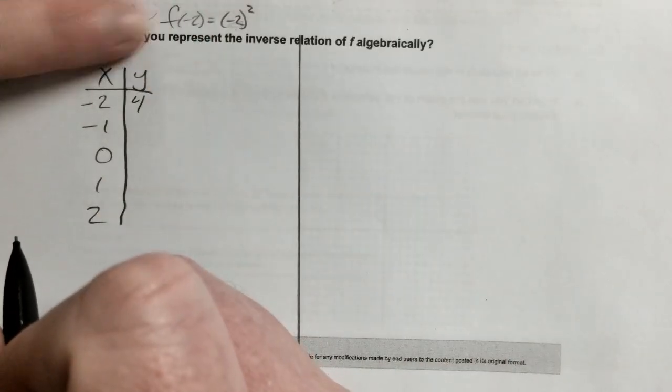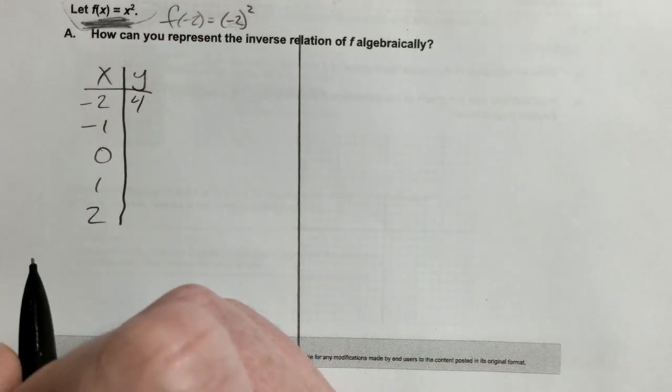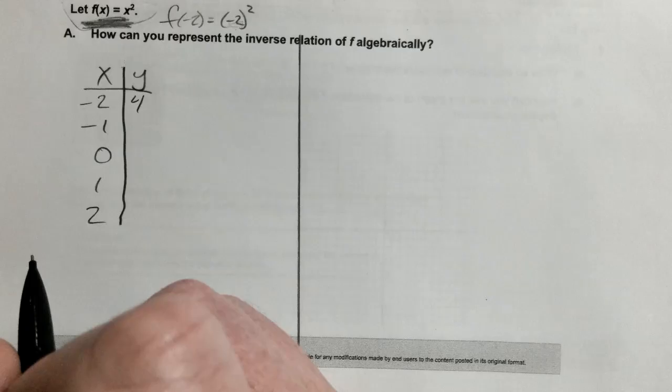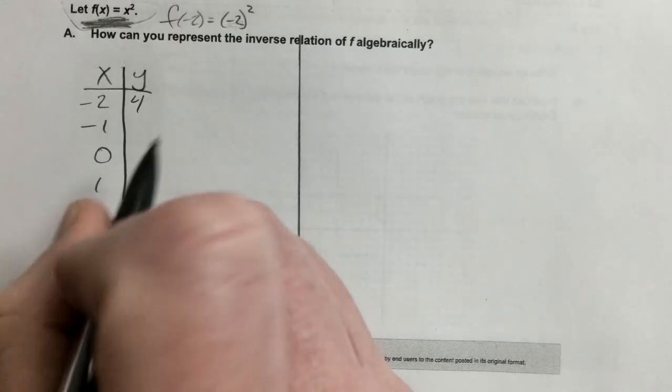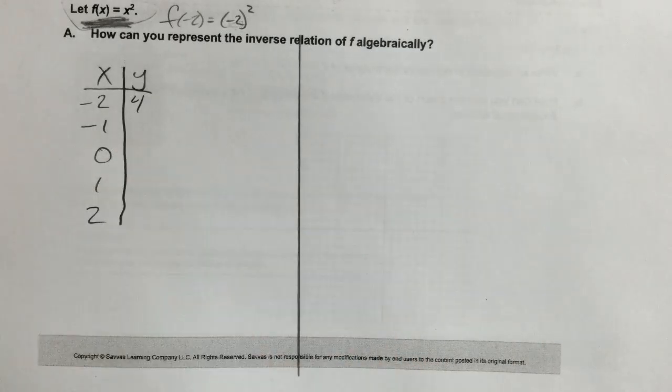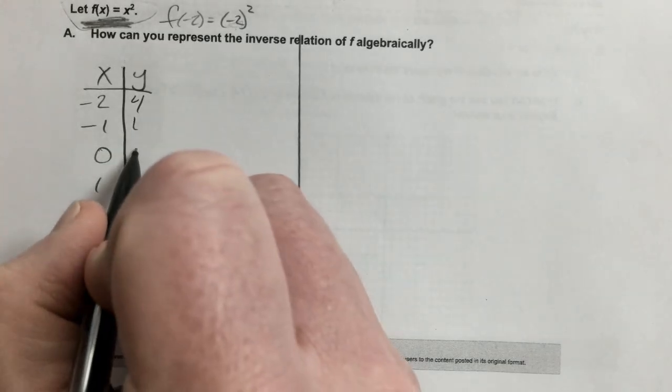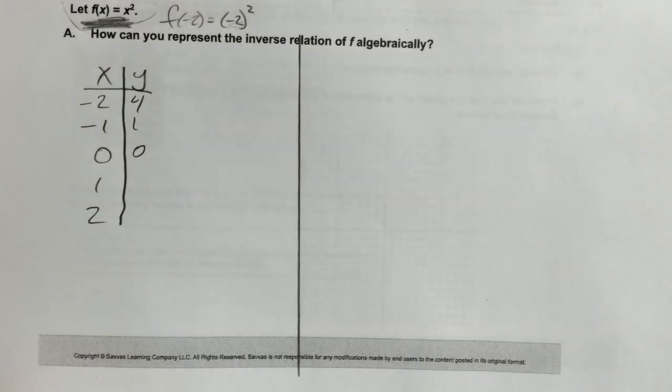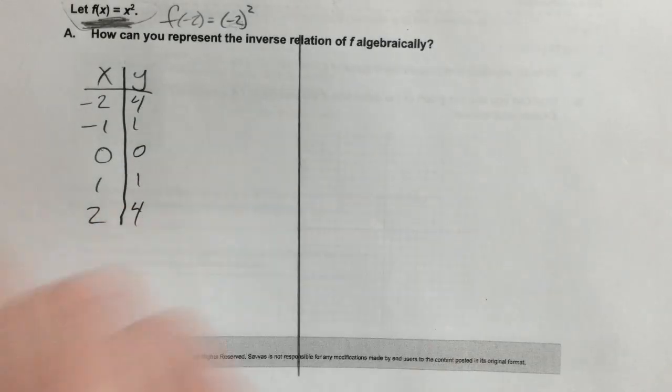When I plug a -1 in, what's my output? -1 times -1. Just multiply. 1. Yeah, 0 times 0. Don't worry, I know it's early. 1 squared is 1 and 2 squared is 4, right?